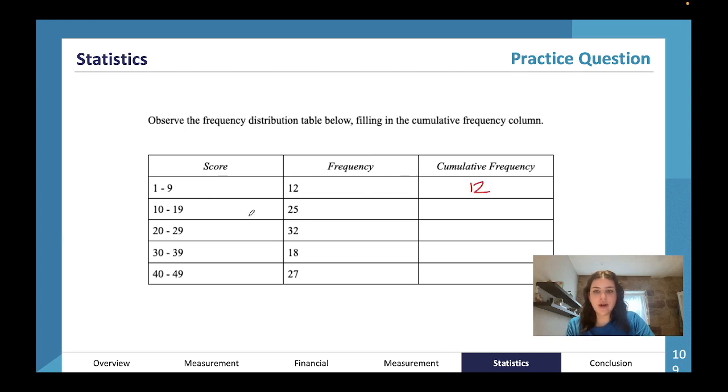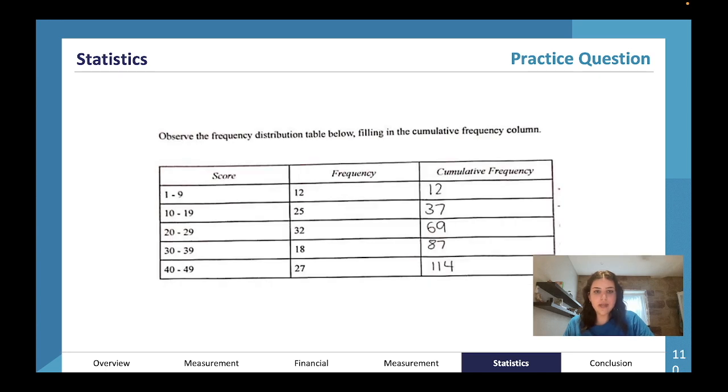Now there's 25 for this column, so we're going to add 25 and 12 together, which gives us 37. We're now going to add 32 to put us to the next column, which is 69. We're now going to add 18 to put us up to 87. And then a further 27 to give us 114. And we can see our answer there is correct.